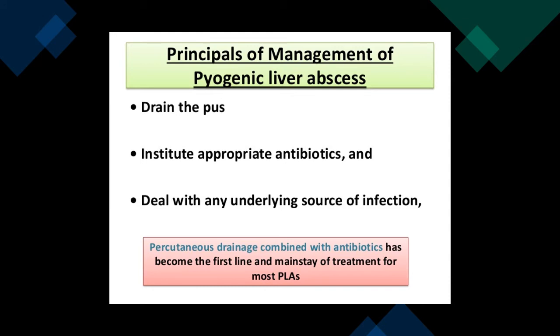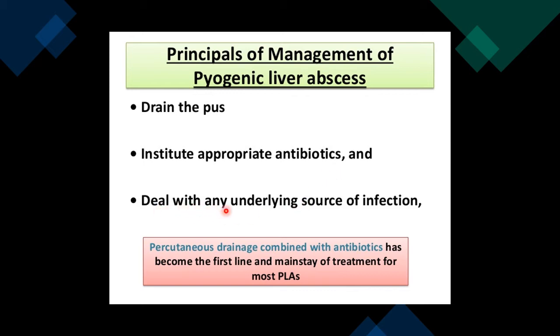Now, what are the principles of treatment of pyogenic abscess? The first principle, you must drain the pus. Like abscess anywhere, the pus has to be drained. Then you must give proper antibiotics, strong, broad spectrum, and appropriate.